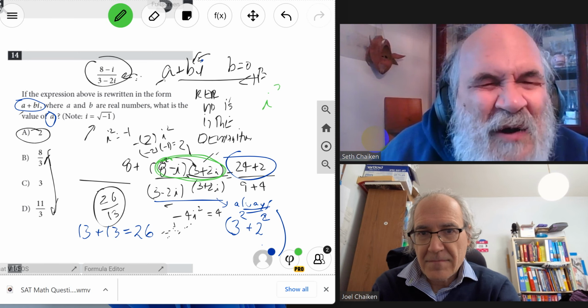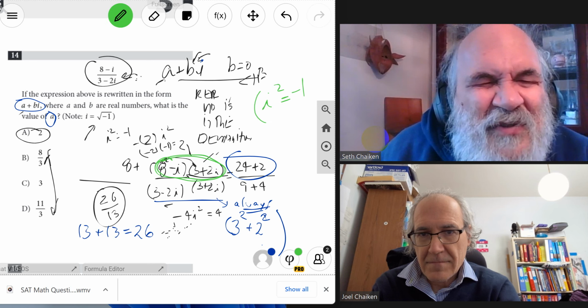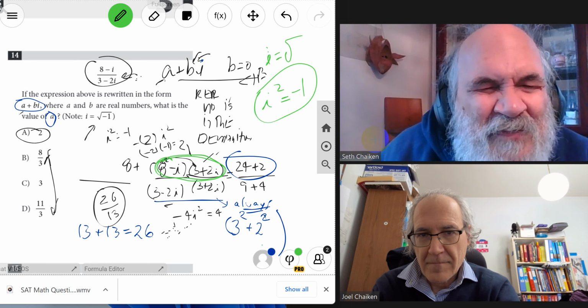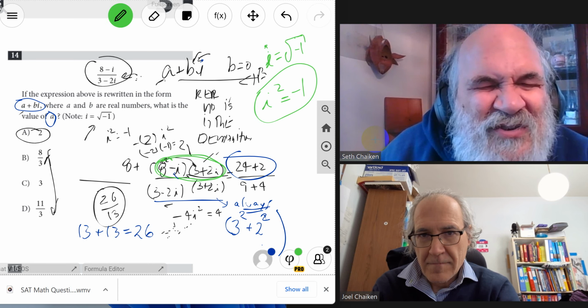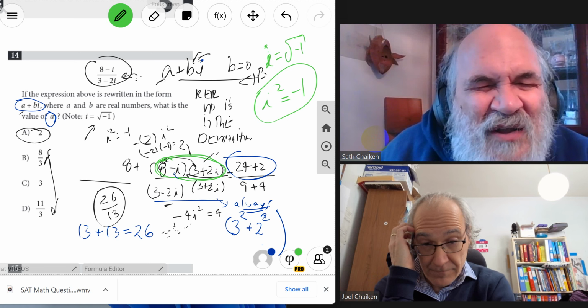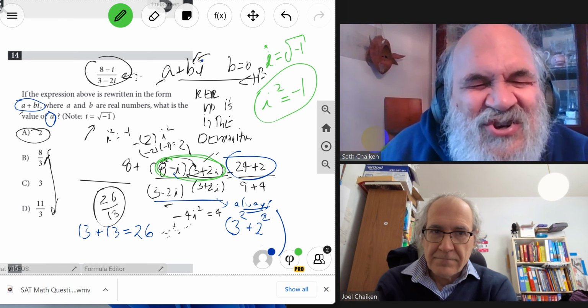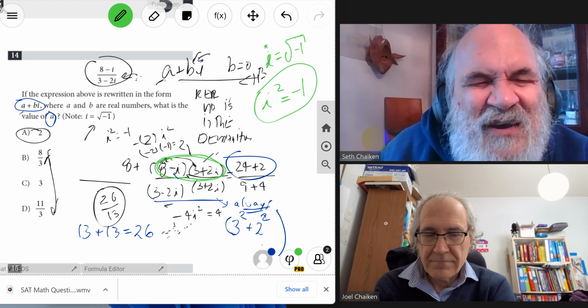So you have -1 for the real contribution from the product of the imaginary parts. You take -1, the coefficient of i here, times 2, the coefficient of i here.